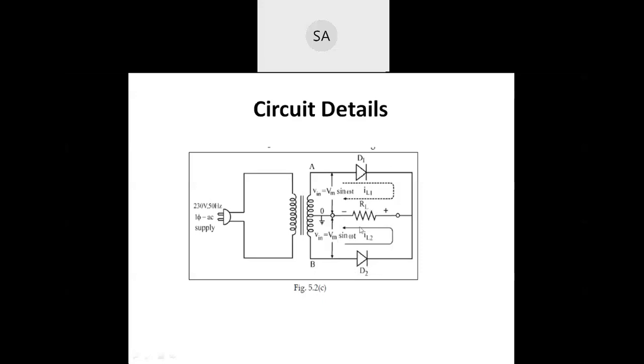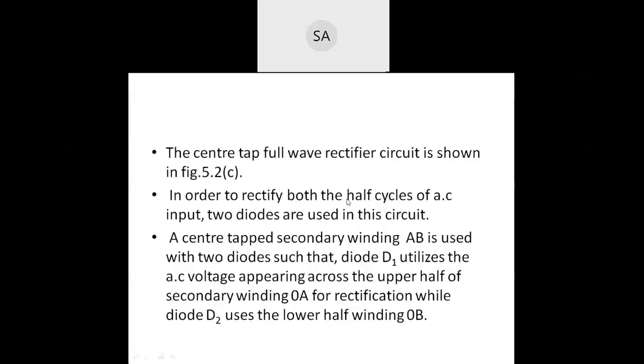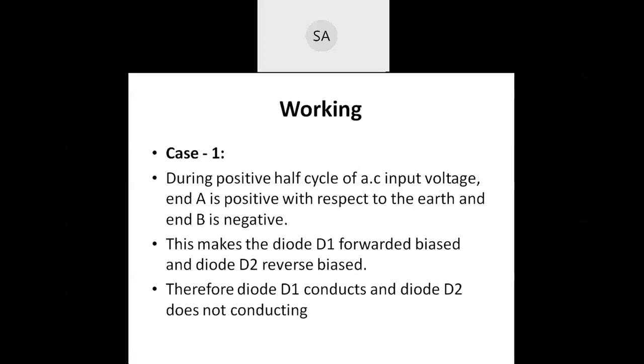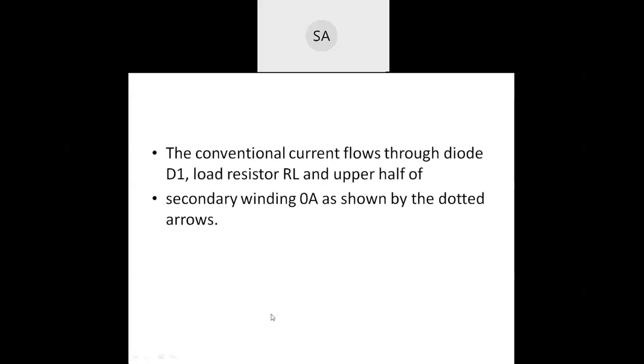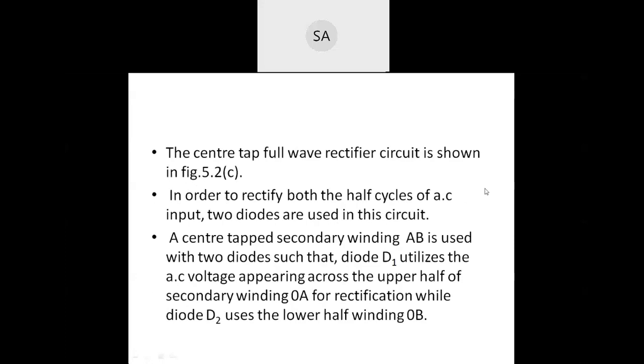So there will be no current flowing through this diode, but there is current flowing through the closed path. Therefore, diode D1 conducts and diode D2 does not conduct. The conventional current flows through the diode D1, load resistance RL and upper half of the secondary winding 0A as shown by the dotted arrows.